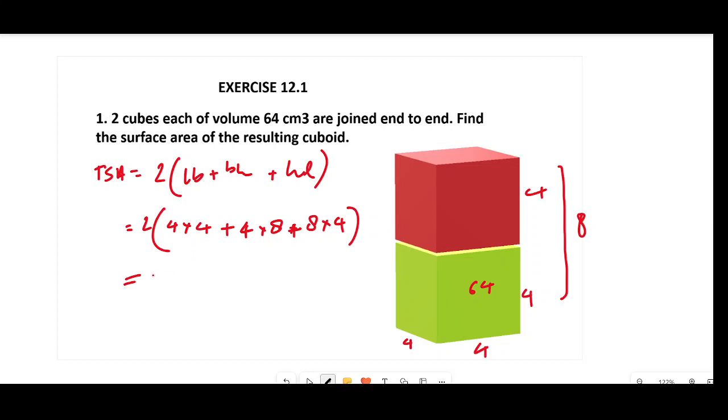Now 4 we can take common, 4 into 8. Now here 4 plus 8 plus 8: 8 and 4 is 12, 12 and 8 is 20, 28. 8 times 16 gives 160 centimeter square. Clear? Now move on to the next question.